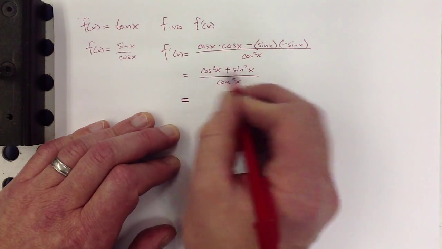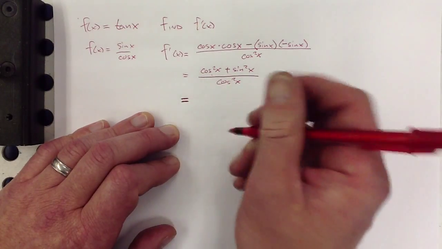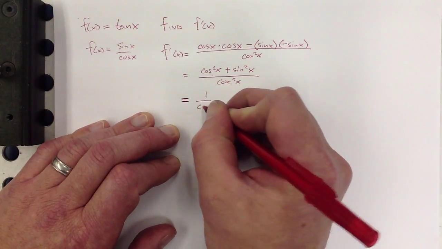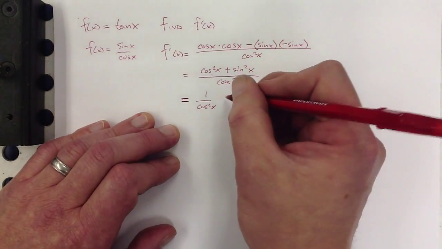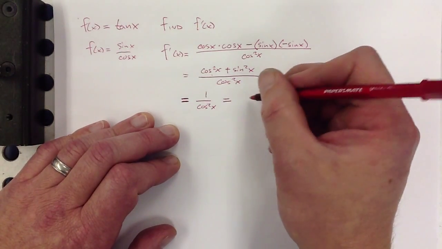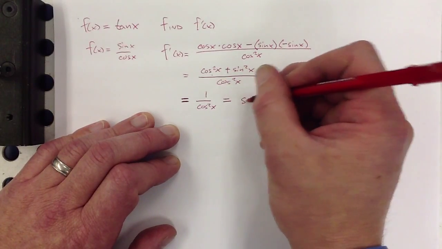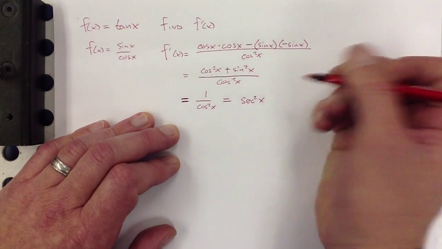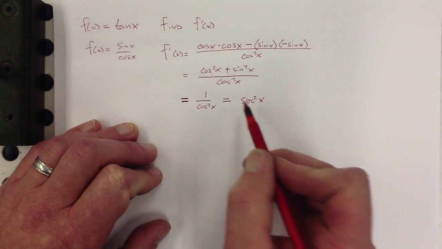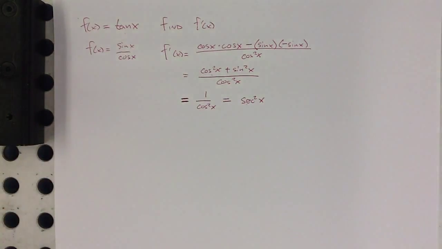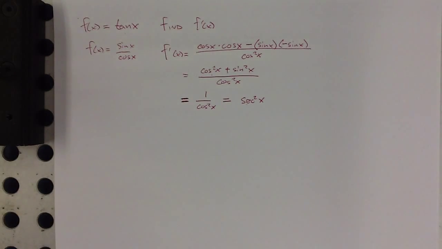I hope so. But anyway, you know this one, right? Sine squared plus cosine squared, that's just 1, right? So you could leave it like that, but typically, 1 over cosine is secant, right? So that's secant squared x. So what's the derivative of the tangent function? It's secant squared x. Go figure.